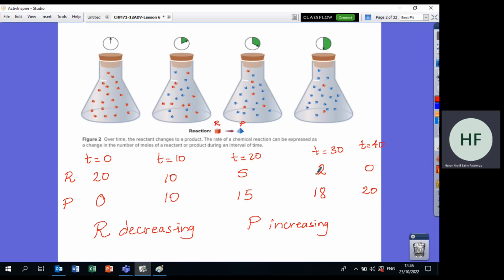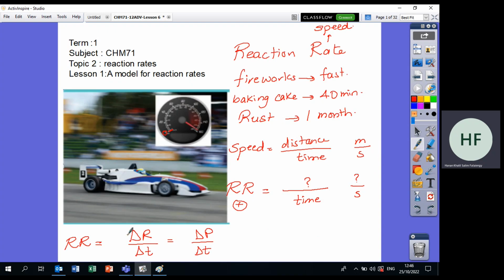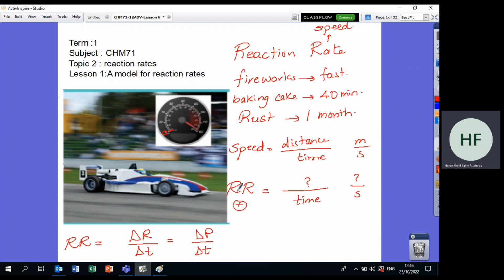So we can either use reactants or we can use products. Because the reactants are decreasing, whenever we do delta R it will be negative. And I said the reaction rate should be positive. So whenever we are dealing with reactants, I will put a minus sign, which means that this value is positive. Minus times minus will give you a positive.